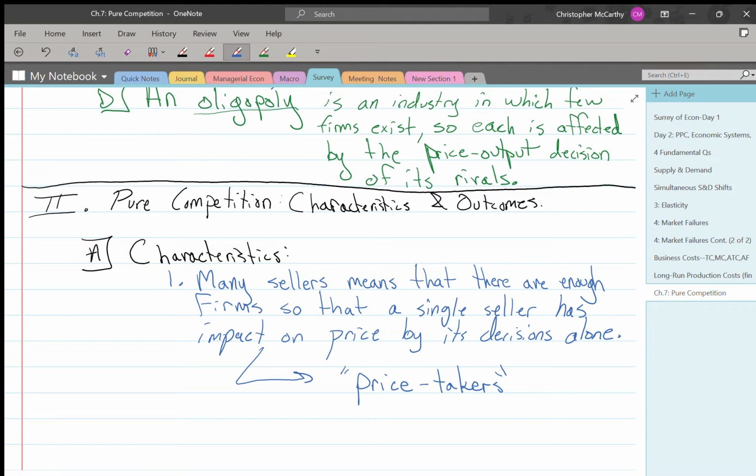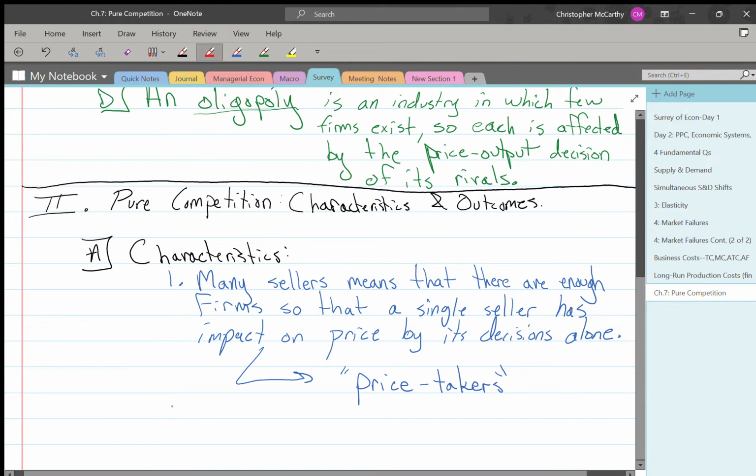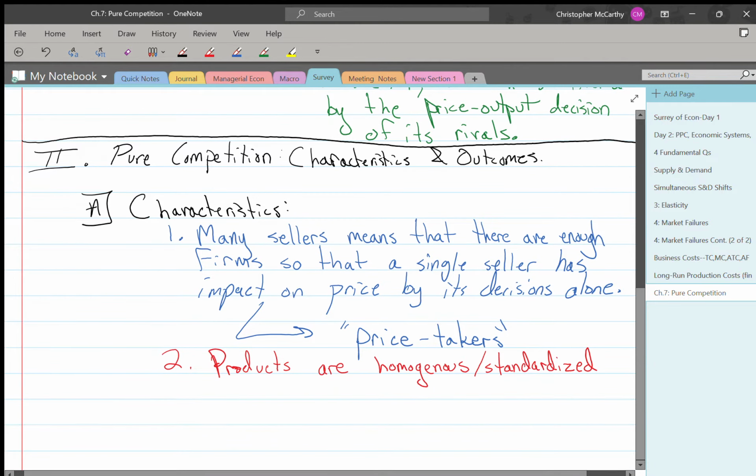So the products in a perfectly competitive market are standardized, or also homogeneous. Homo from the Greek root same, and genus of the same type. So they are all standardized. Each seller's product is identical to the competitors.